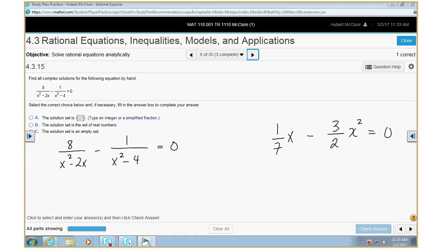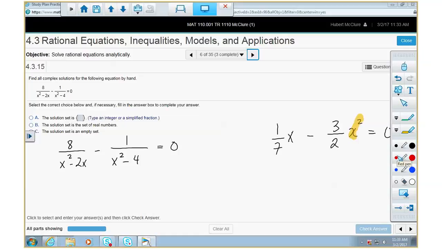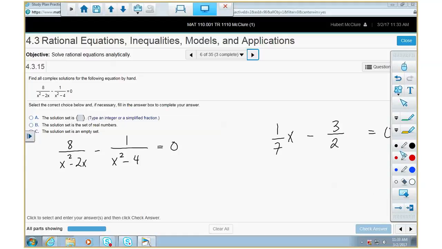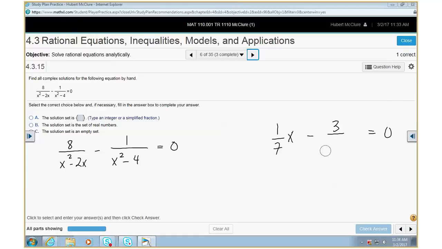No, that's not good to use. Let's just do this. Let's just change this into 3, 5.